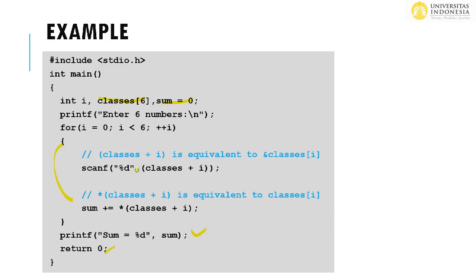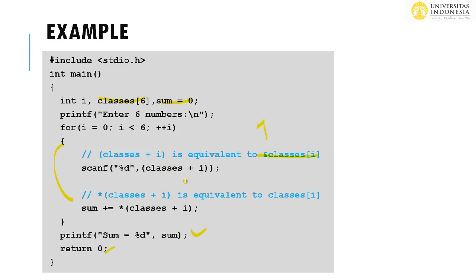So just scanf, it means that you have to input the elements one by one through your keyboard or input devices. And classes plus I is equivalent to actually the address of classes of I. So if I equals 1, it is actually the same as the address of the classes first element plus 1, meaning the second element.